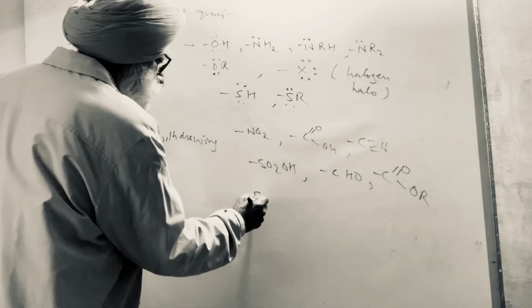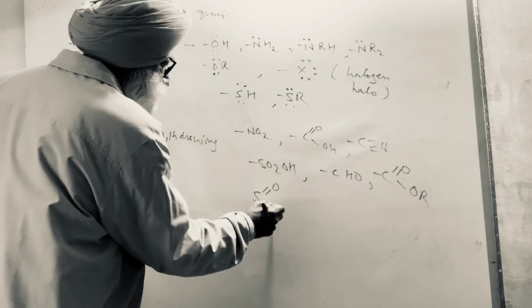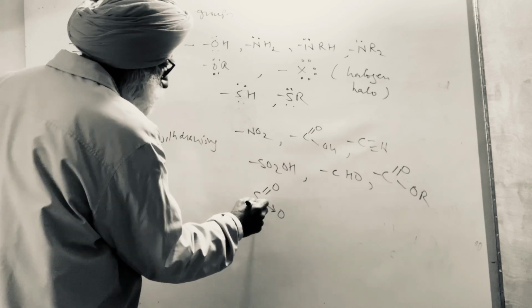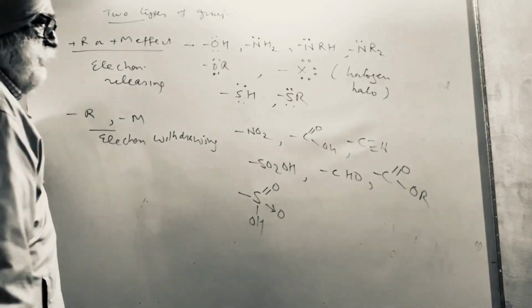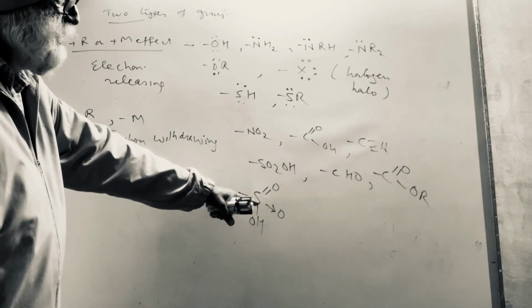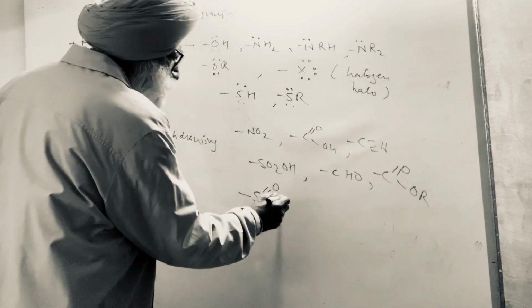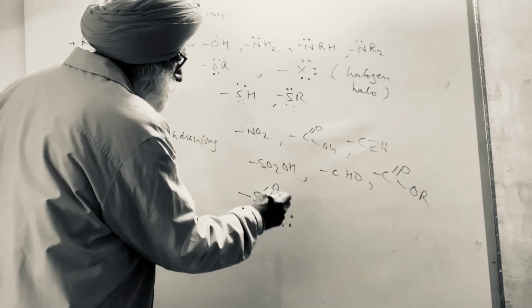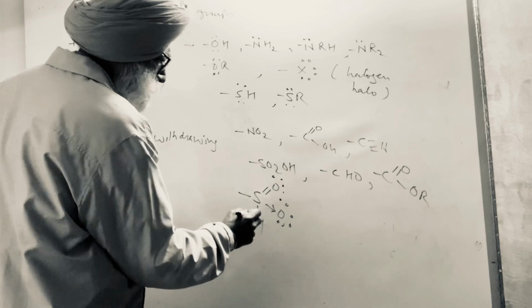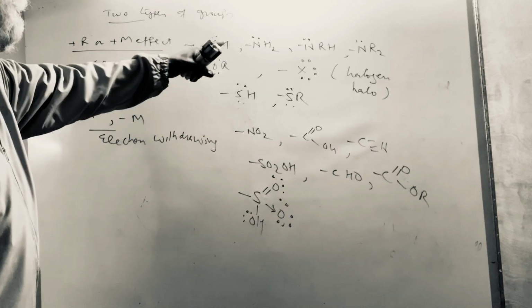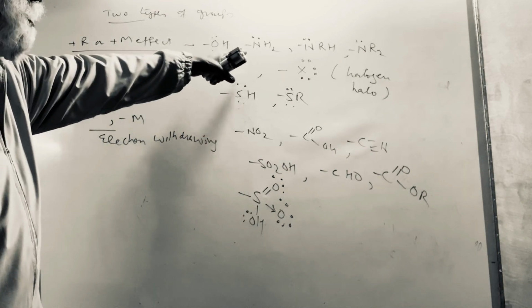Why is it so? Because if you see the structure, here the lone pair is not present, that is busy making a coordinate bond with oxygen. So this is the difference. NH2 has a lone pair, so it is electron releasing.